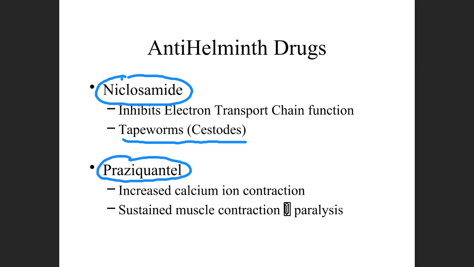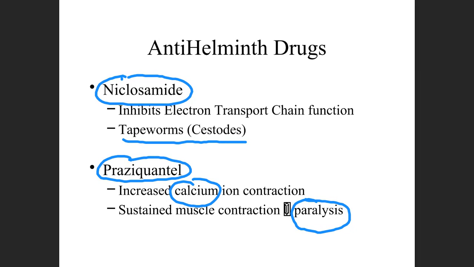And when they're permanently contracted, the worm can't move and is effectively paralyzed. How does it do that? Well, without going into all the specifics that you went through in A&P 1 about muscle physiology, you hopefully remember that calcium is needed to get muscles to contract.